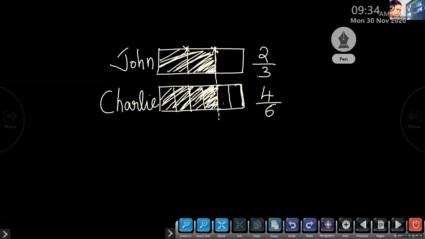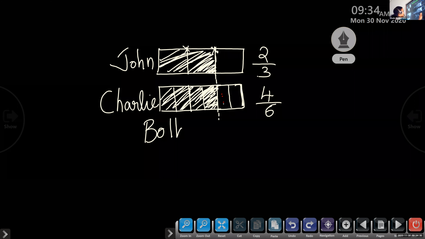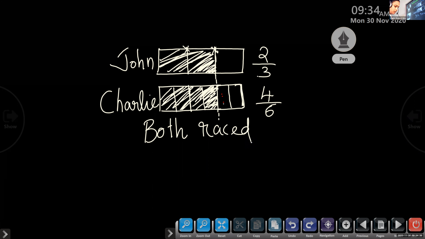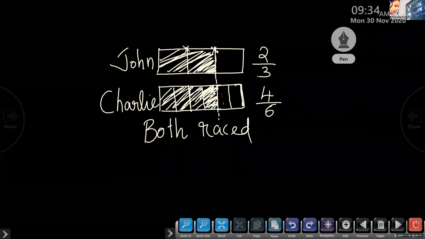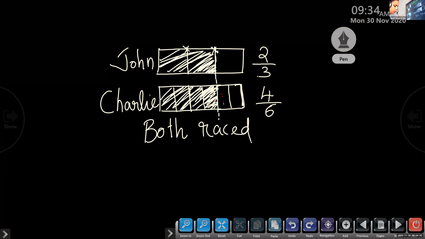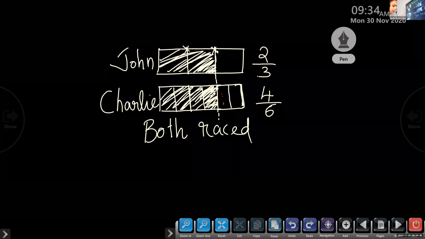So we can write both John and Charlie raised equal amount of time. So we can write in the last step, both raised. The question is, who then did both raise for an equal amount of time? So we can write both raised for an equal amount of time.